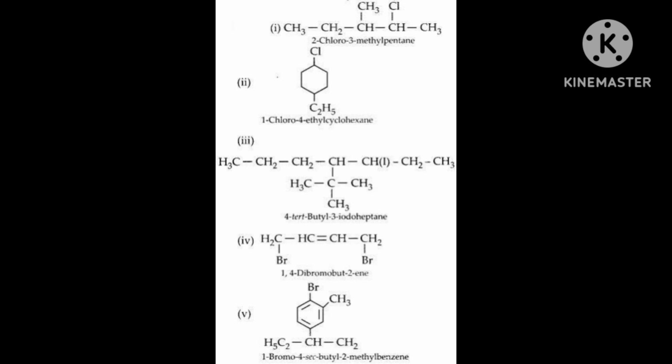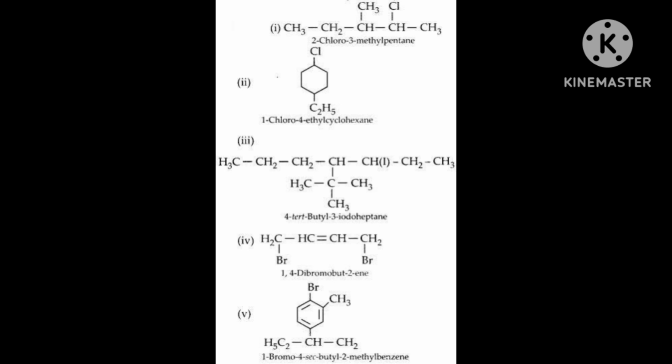Since the size of halogen atoms increases as we go down the group in the periodic table, fluorine atom is the smallest and iodine atom the biggest.